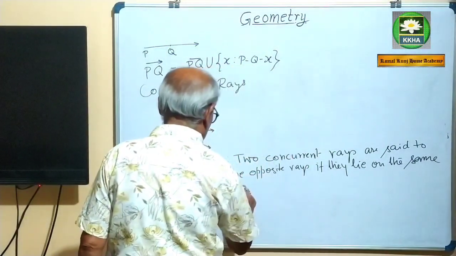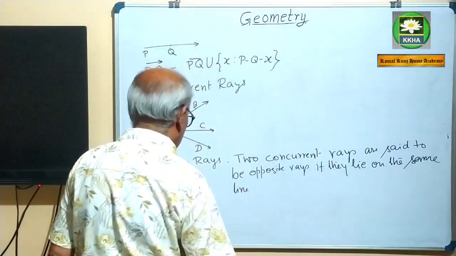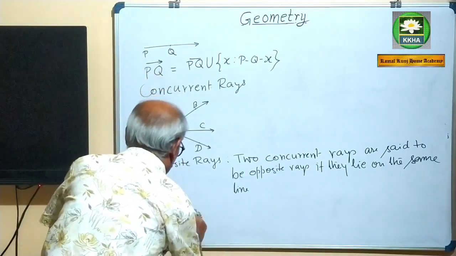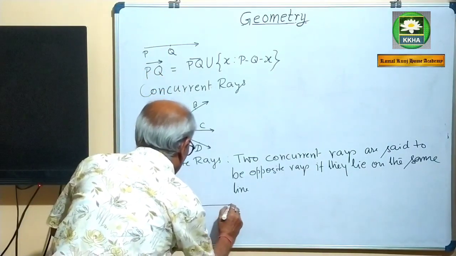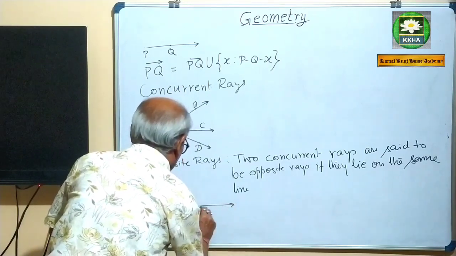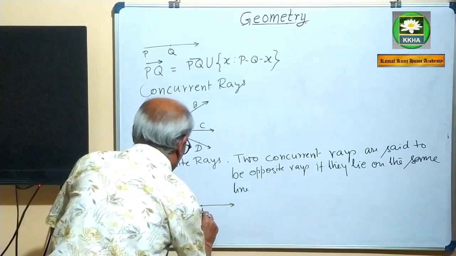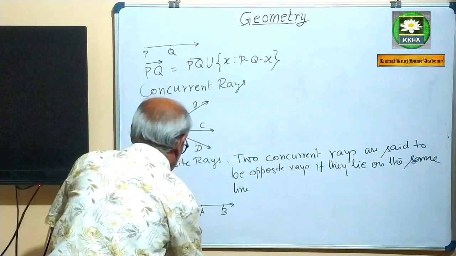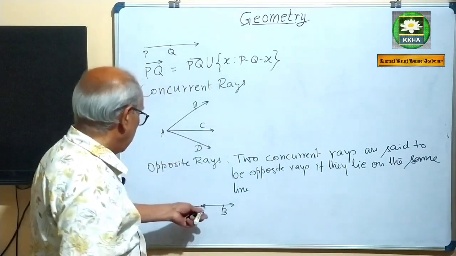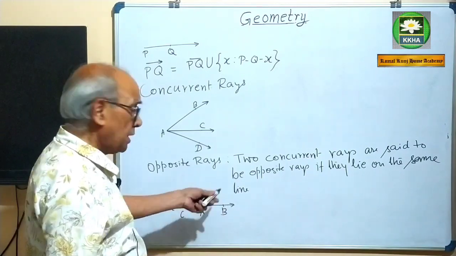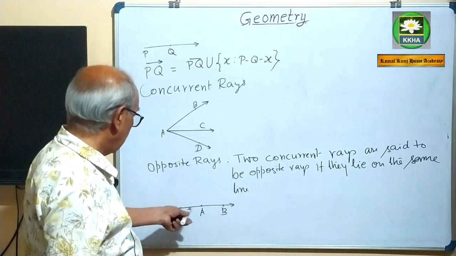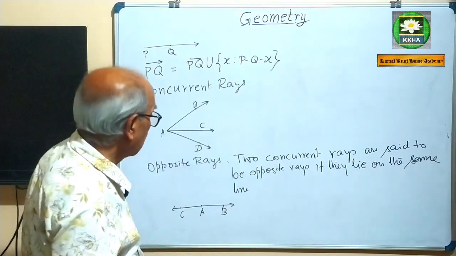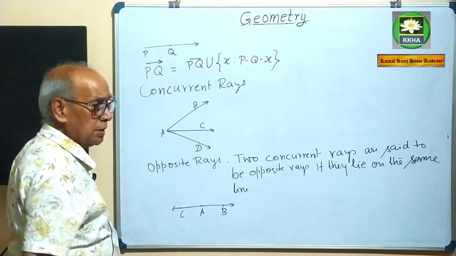For example, rays AB and AC are opposite rays because they lie on the same line. So two concurrent rays are said to be opposite rays if they lie on the same line.